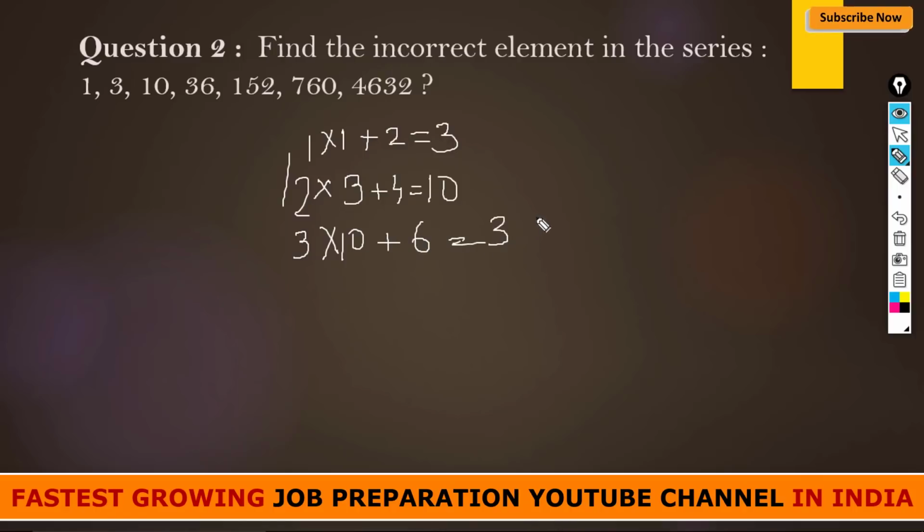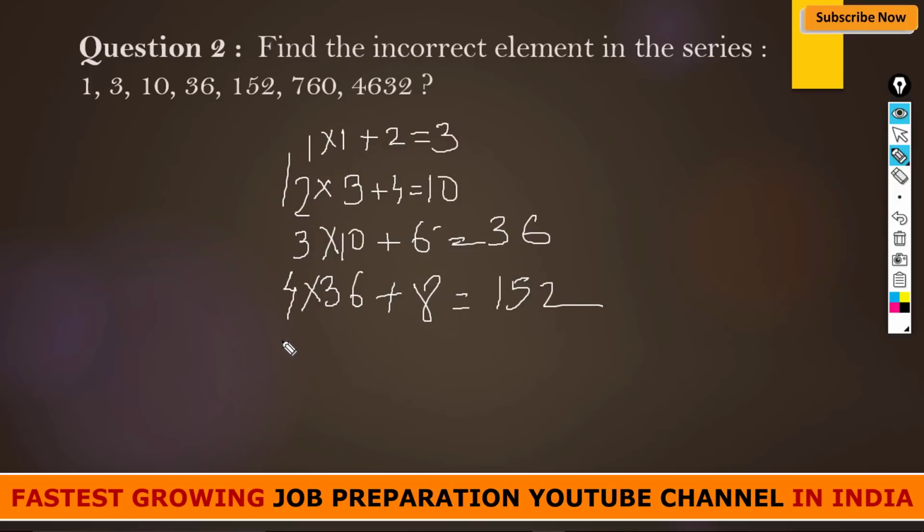So here we can see it is following an even number series 2, 4, 6, and the previous number is multiplied with the series of numbers 1, 2, 3. Now let us try to get 152 similarly. Let us write 4 into 36 plus 8. So by doing this we are getting 152. So this logic satisfies the entire series.